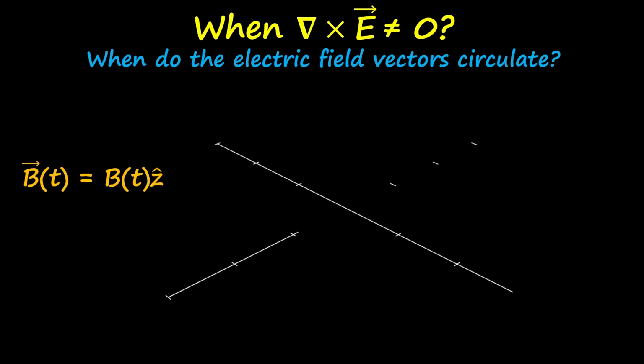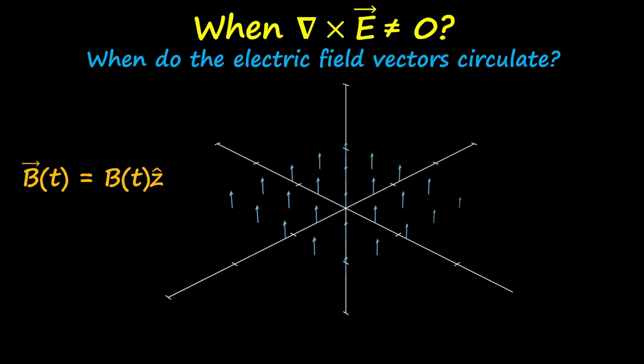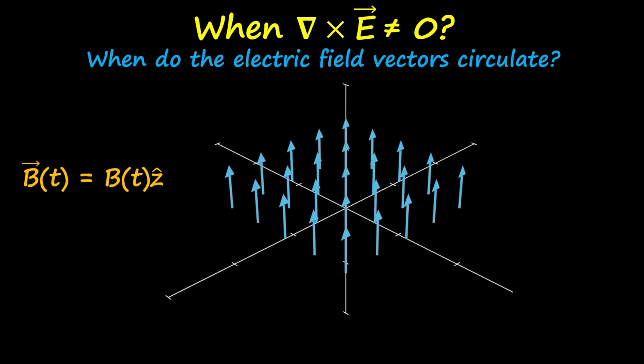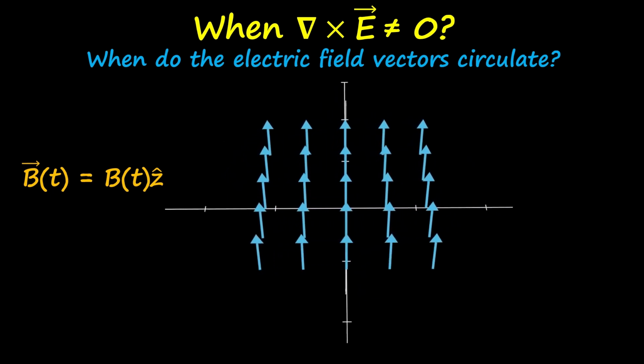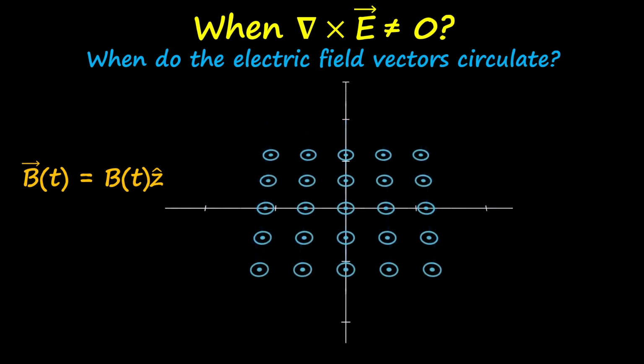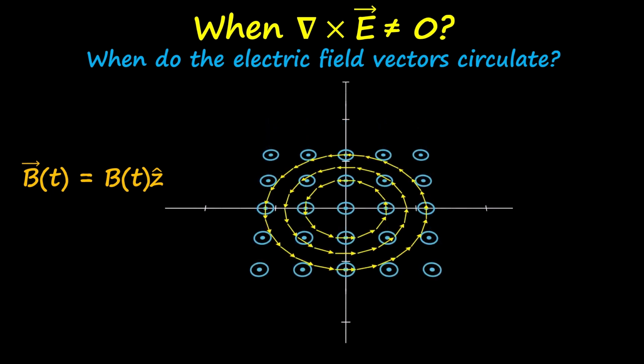If I take a 3D space, the magnetic field will be pointing along z direction and changing with time, and we can represent the magnetic field vector like this. Then the corresponding electric field vector will look like this. Based on the field pattern of the electric field, we can say that for this case, the curl of electric field will be non-zero.